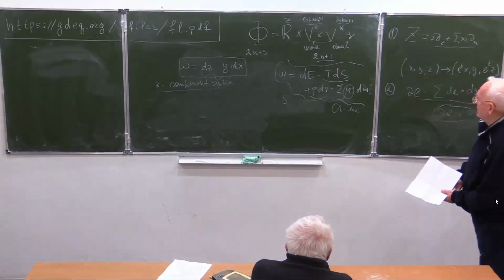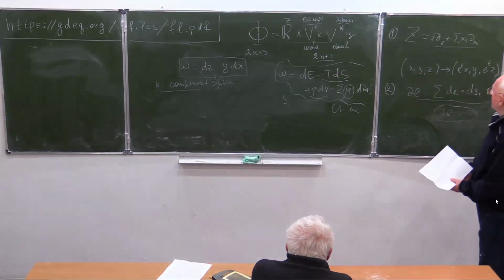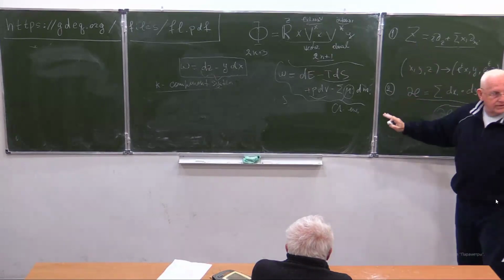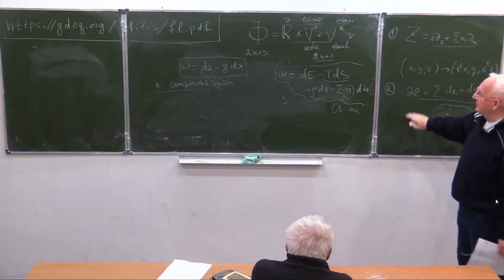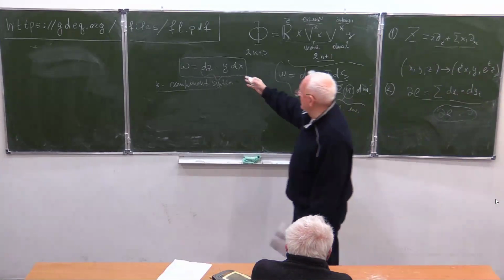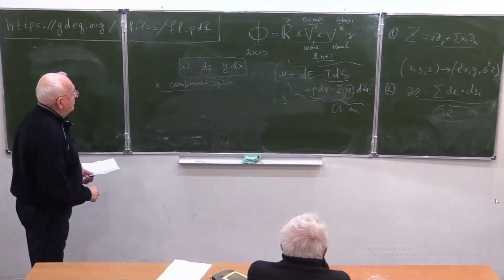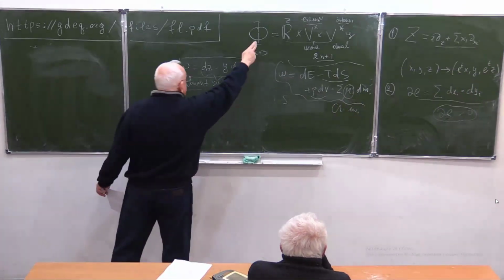Okay, but for the moment, just remember that we have this vector field, we have this quadratic differential form, and certainly this is a structure on our manifold.